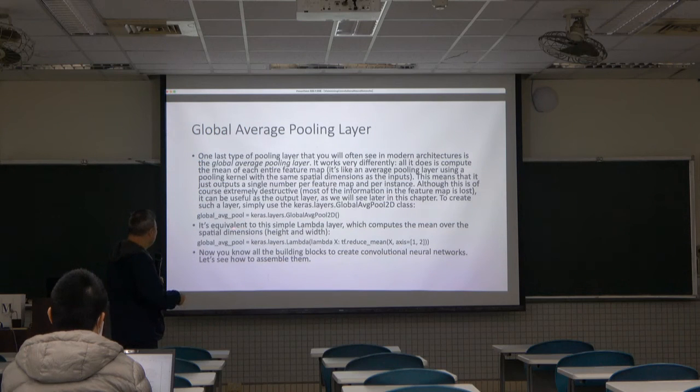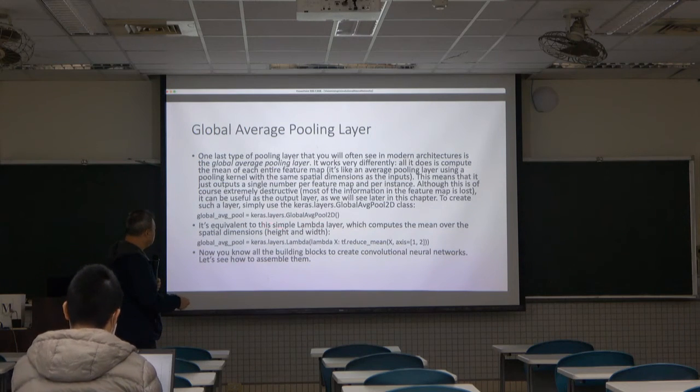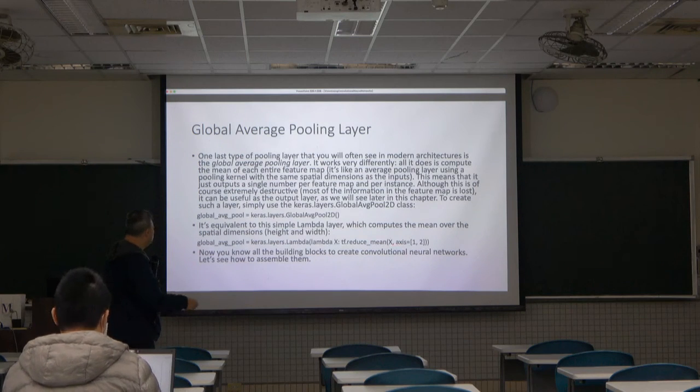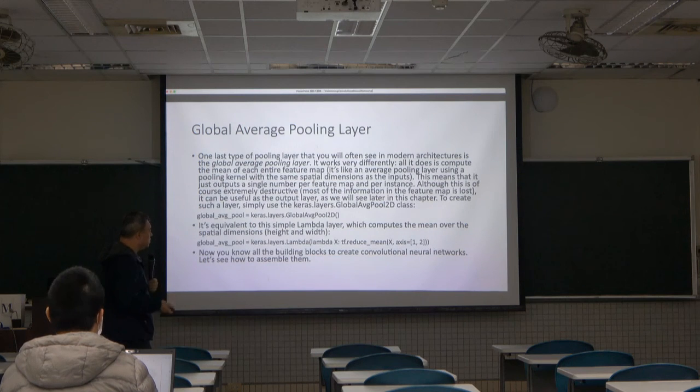So it's equivalent to this simple lambda layer. Basically this one is equivalent to this one. Obviously you don't need to use this; just call GlobalAveragePooling2D under Keras, and you should be fine. Okay, so that's all the building blocks that you need to create a convolutional neural network.